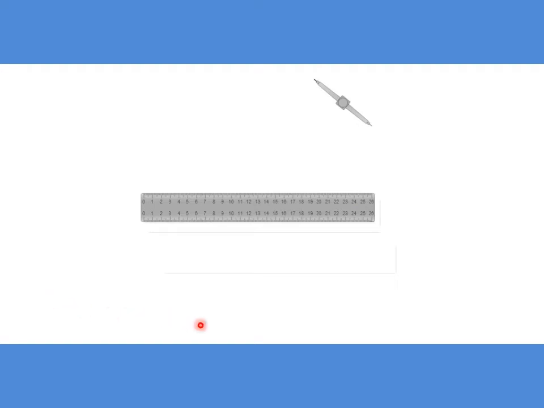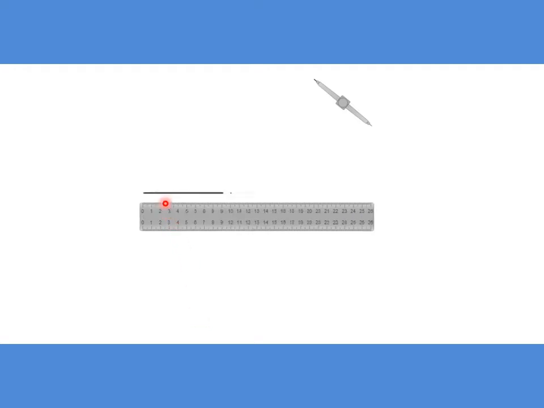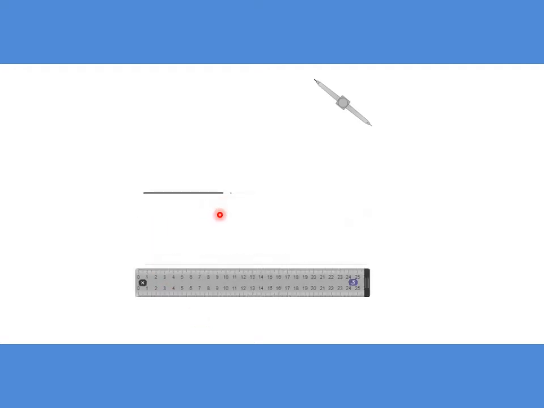Yes, now we are going to the construction, that is the main sketch. First of all, draw a line segment of 9 centimeters. Yes, this is the line segment of length 9 centimeters, and name this line segment as BC.